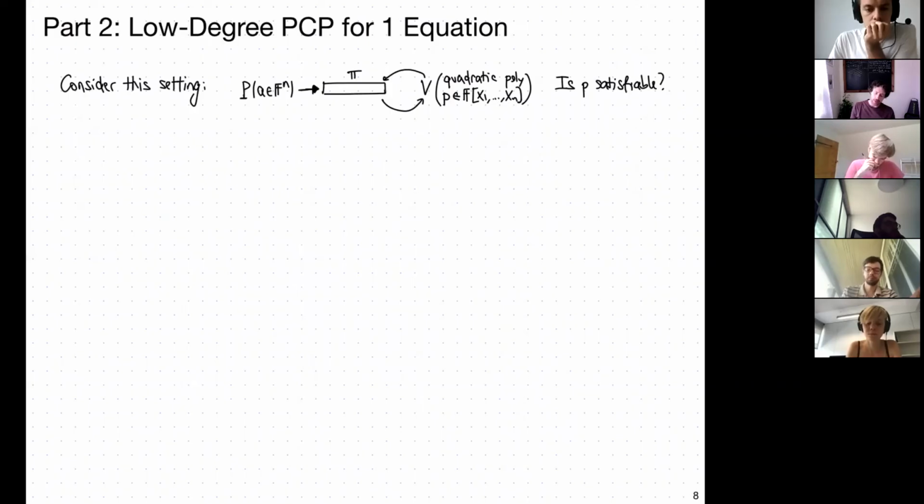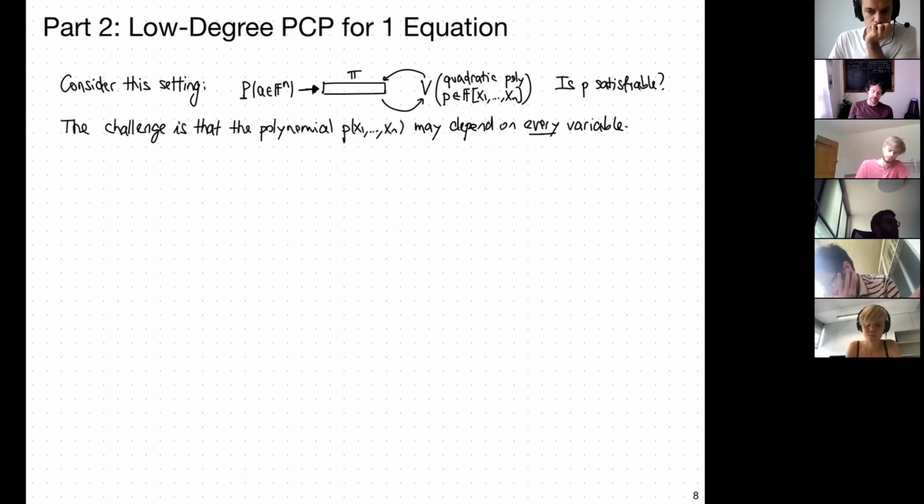We have this verifier, and the verifier is getting a single quadratic equation, and we want to know whether there exists some proof, some assignment A, that would satisfy this polynomial.